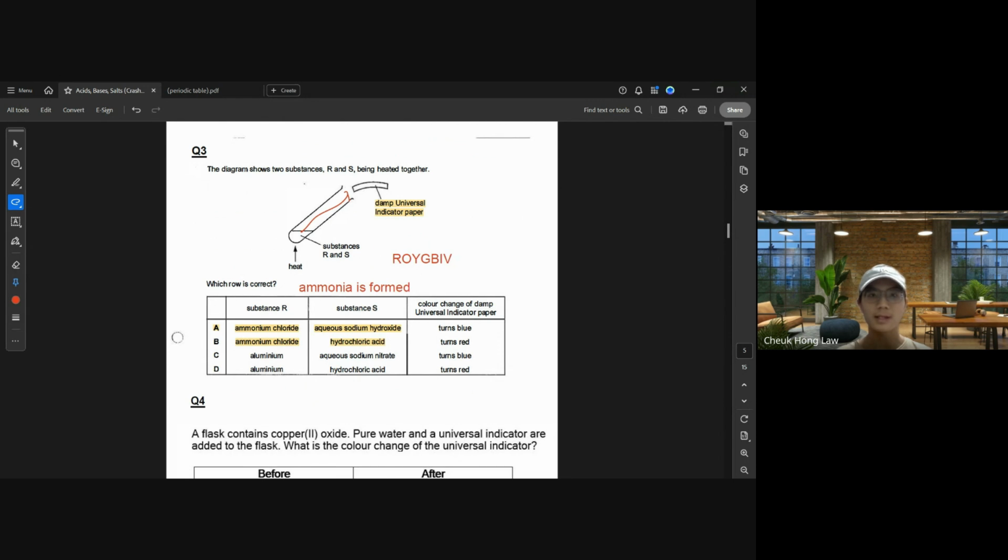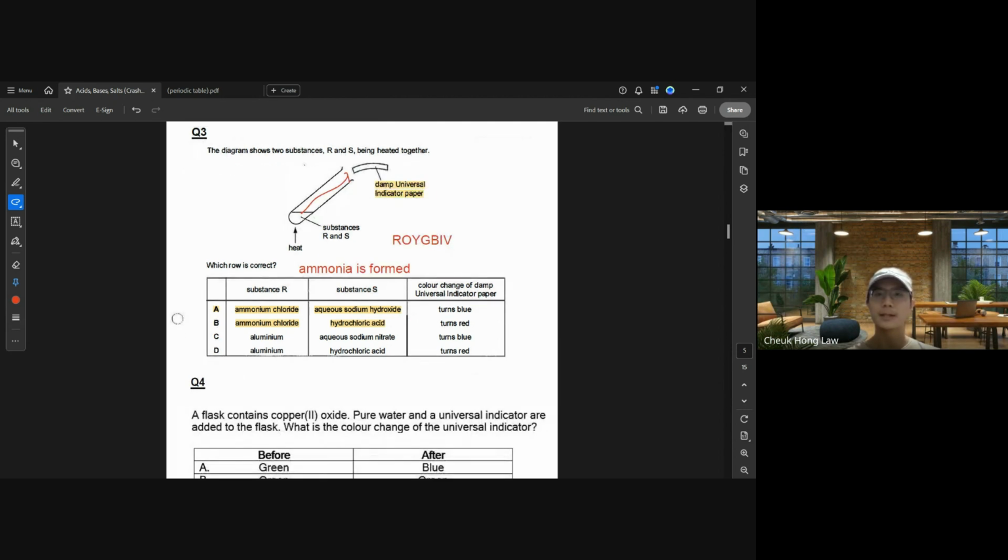Remember, they're heating this so that the gas formed can travel upwards to reach the universal indicator. But we didn't dip the universal indicator into the substances. We leave it at the mouth of the test tube. So the only way for the universal indicator to change color is if a gas travels up. If there's no gas formed, then there's no way it's going to change color, because it didn't physically touch the liquid.